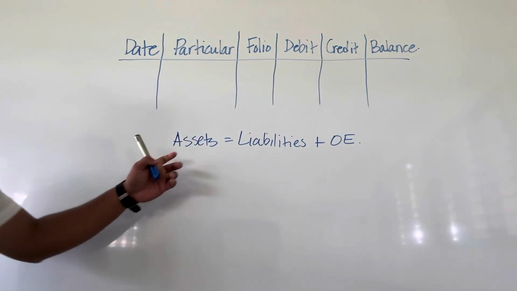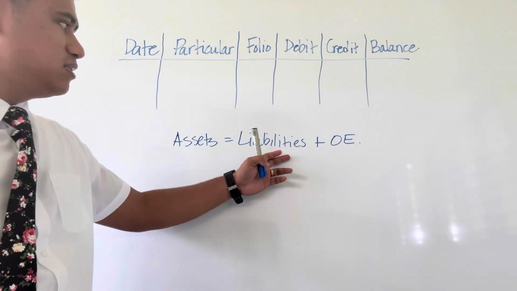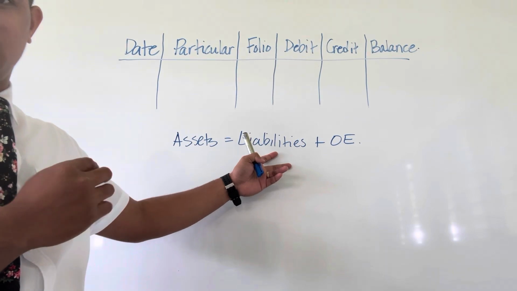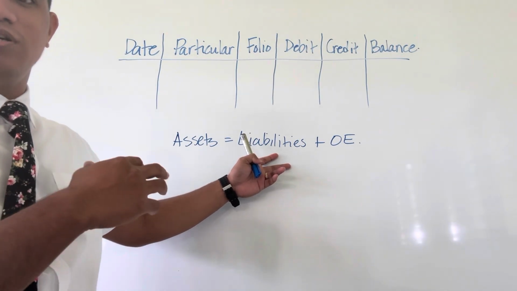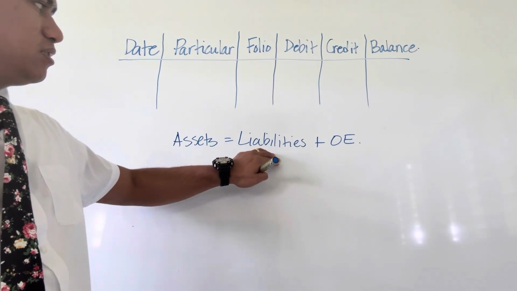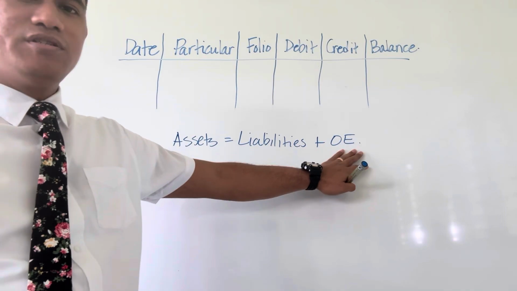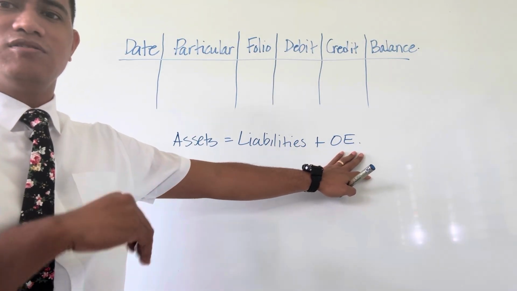Assets are merely owned and controlled by the business. Liabilities are debts or accounts the business owes to outside sources, meaning that they have to pay these people or these accounts. And then owner's equity is the owner's share in the business.